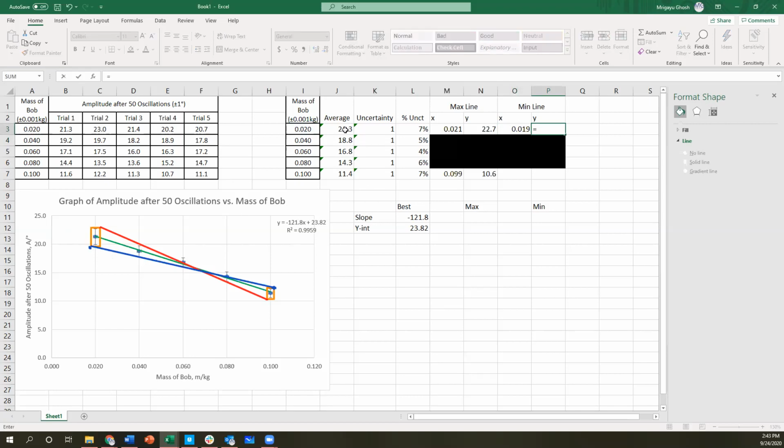And then the x value for the min point here is the x value plus the uncertainty, this plus the uncertainty of 0.001. And then the min line here is equal to the y value minus the uncertainty, so it'll be this minus 1. Hold on, never mind. It's not minus, it's plus, right? So that should be plus.